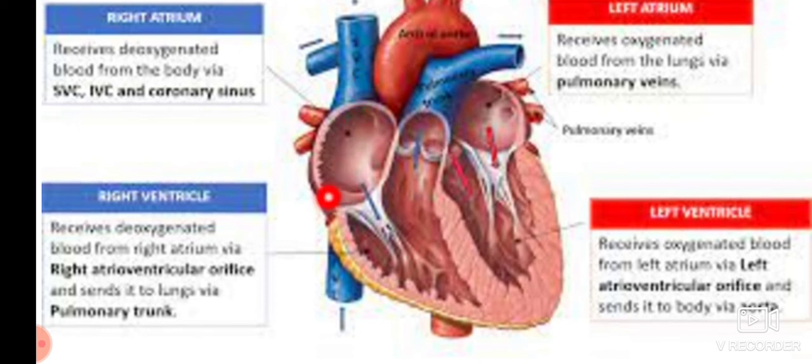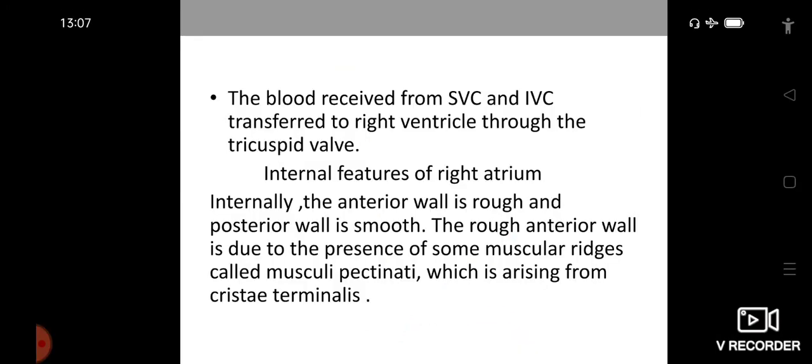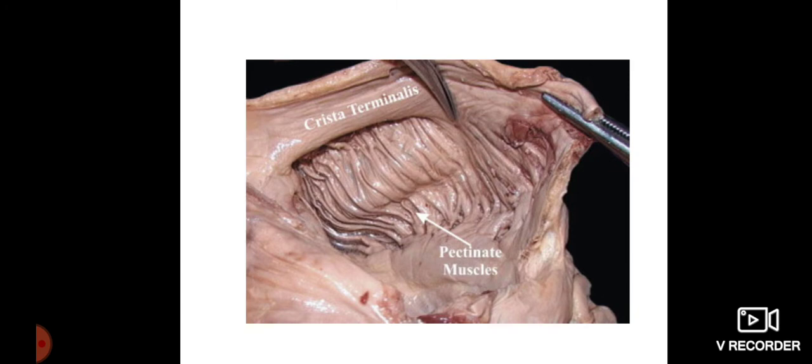In between these two, externally, there is a sulcus called the sulcus terminalis, which is formed by the crista terminalis, a thick muscular ridge present inside. You can see the internal surface with the crista terminalis here. This is an internal aspect of the right atrium.